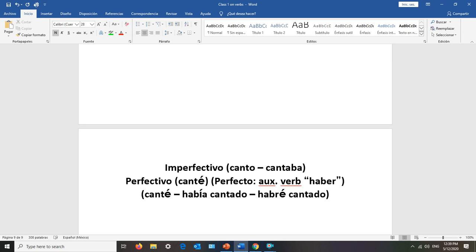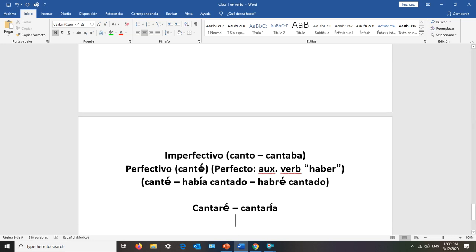Now, RAE explains that forms such as cantaré and cantaría, that is futuro imperfecto simple y condicional simple, may be perfective in some contexts or imperfective in some others. So, for example, you have the following sentences.